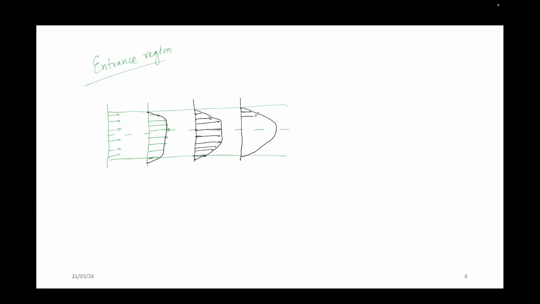After a certain distance, it will gradually increase and reach the maximum value only at the center. So it's a fully parabolic profile like that, and after that it remains the same. If you draw anything after that, it is the same. There is no change in the profile.